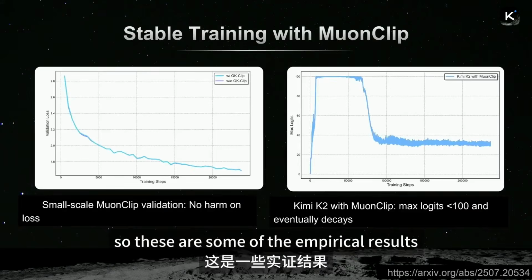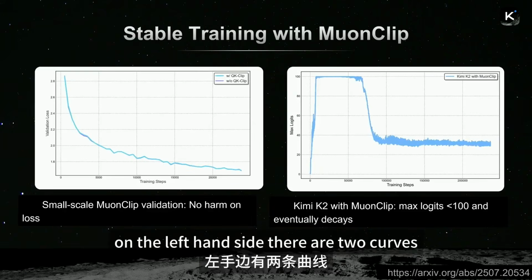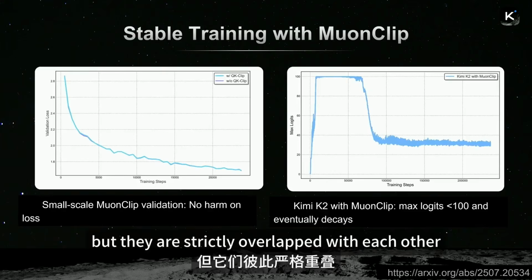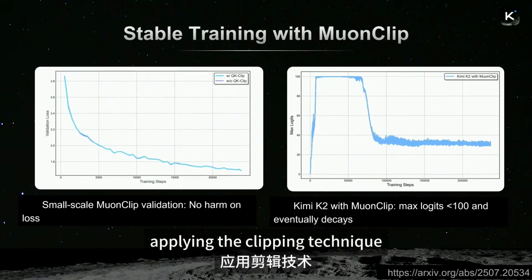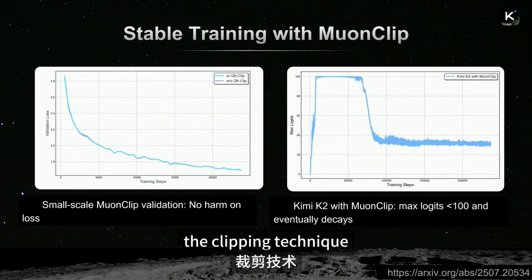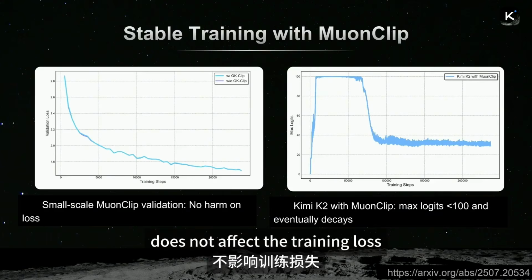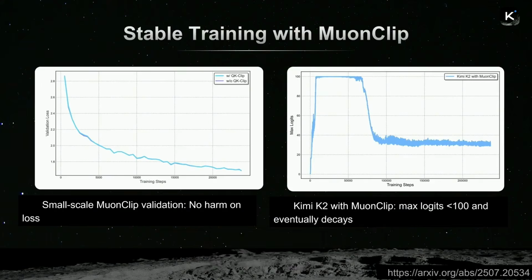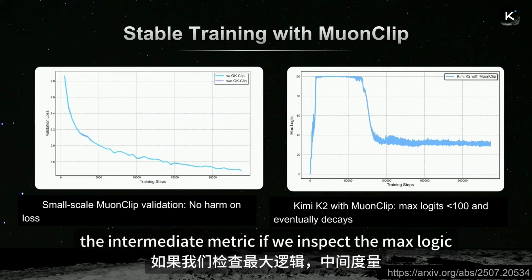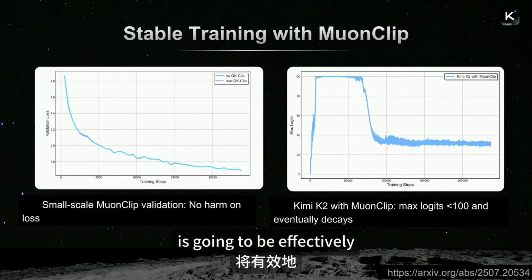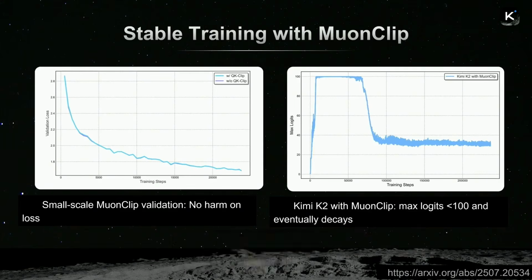These are some of the empirical results. On the left-hand side, there are 2 curves, but they strictly overlap with each other. These are the training curves before and after applying the clipping technique. You can see the clipping technique does not affect the training loss decrease at all. But on the right-hand side, if we inspect the intermediate metric, the max logit, it is effectively constrained.